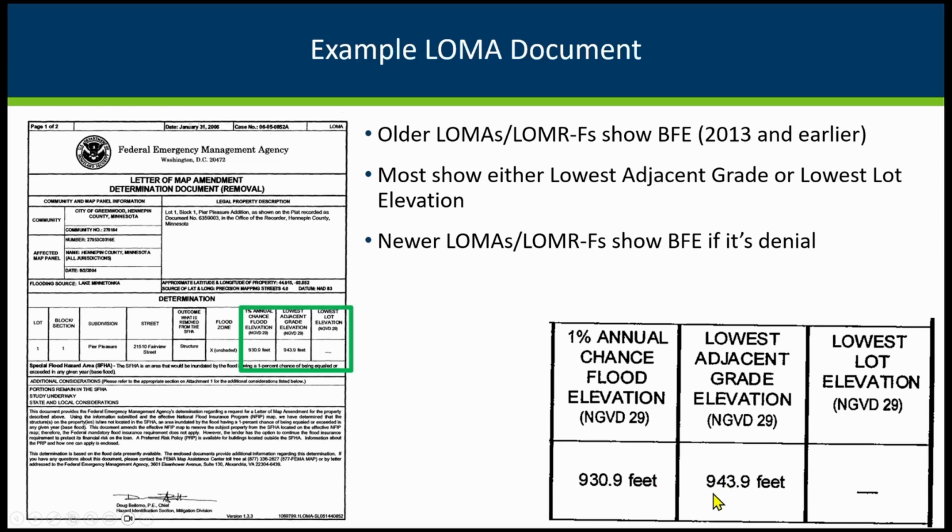But it does have the lowest adjacent grade for the building if they got the LOMA or LOMA-F for the building. And if they got the LOMA or LOMA-F for a full lot or a portion of the lot, they'll have the elevation here. You'll know that the BFE is at or below these elevations if they had a successful LOMA or LOMA-F.